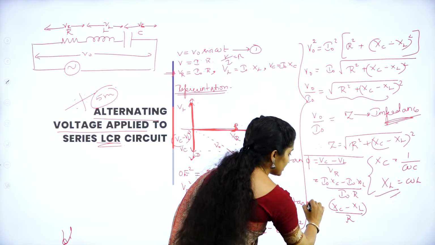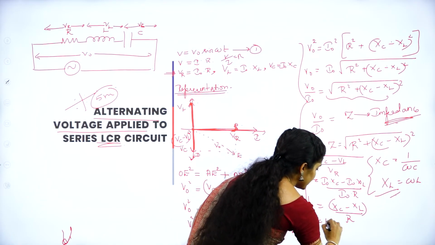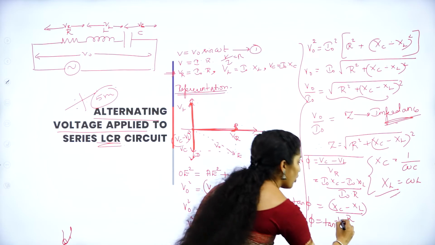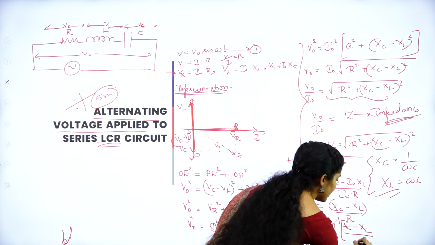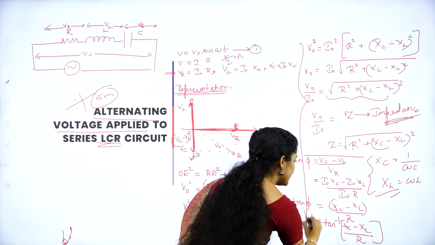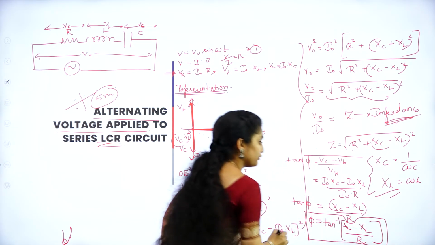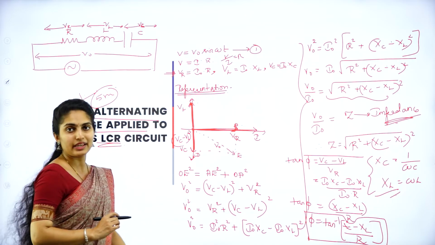So tan phi is equal to this equation. So phi is equal to the tan inverse of XC minus XL divided by R, which is the final equation for the phase difference.